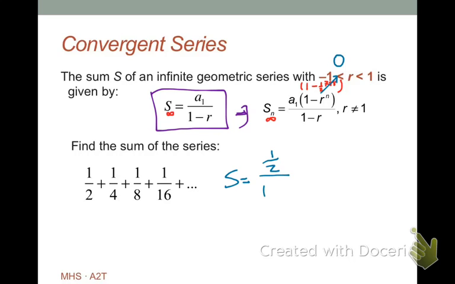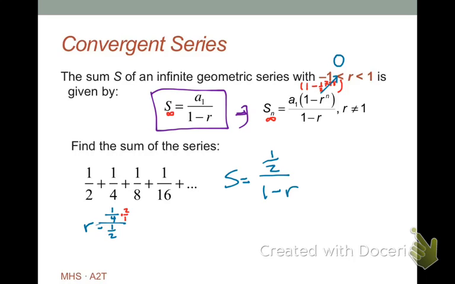Okay, so let's now evaluate the sum of this series, knowing our formula. We said the sum is a sub 1 over 1 minus r. A sub 1 is 1/2, that's our first term. R, we've got to figure out what that value is. R is, you take one term divided by the other, and so we're going to get 1/4 divided by 1/2. And we remember that when we have a fraction over a fraction, you just multiply by the reciprocal of the denominator.